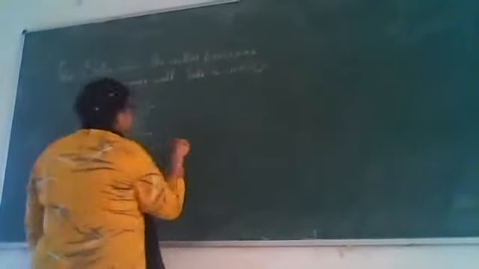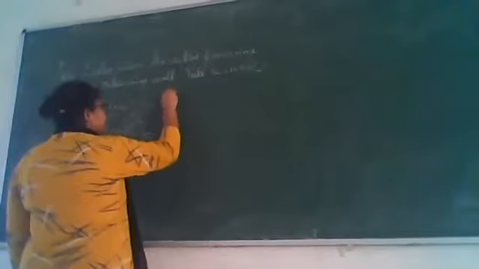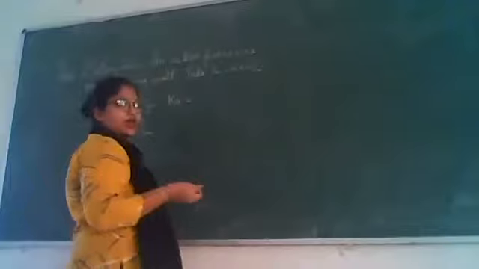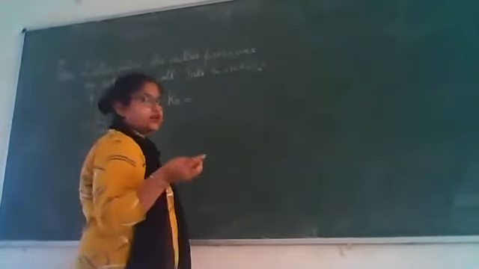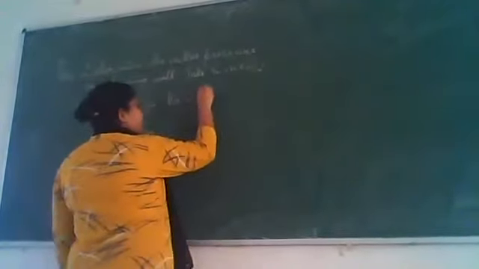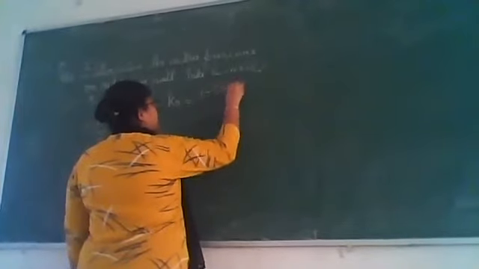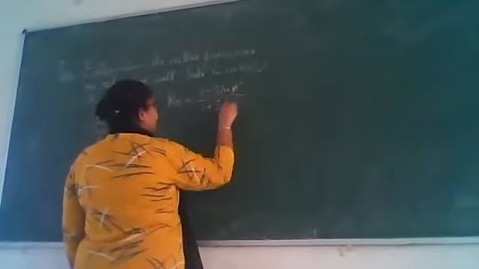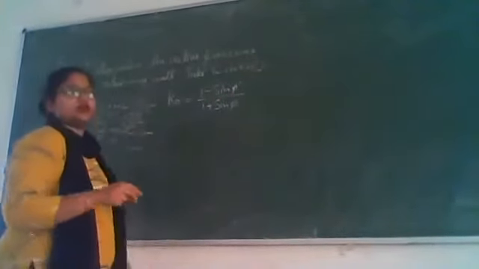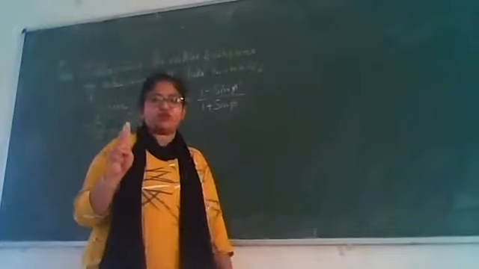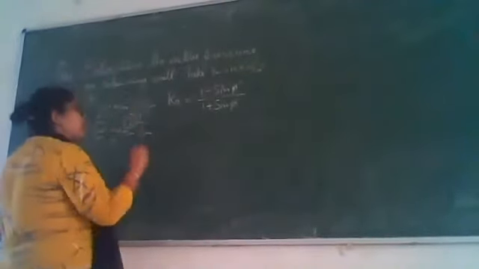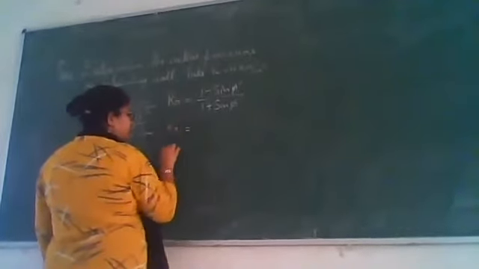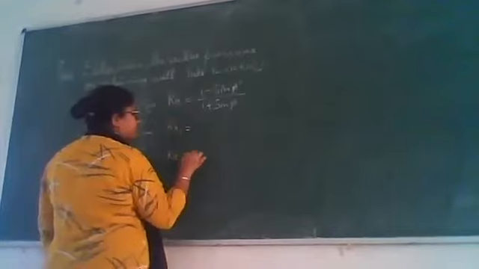So firstly, what we have to find out is Ka. What is Ka? Ka is our coefficient of active pressure. The Ka formula is (1 minus sin phi dash) over (1 plus sin phi dash). Now we have two phi dash values, so we have to calculate for both. Let's name them Ka1 and Ka2.